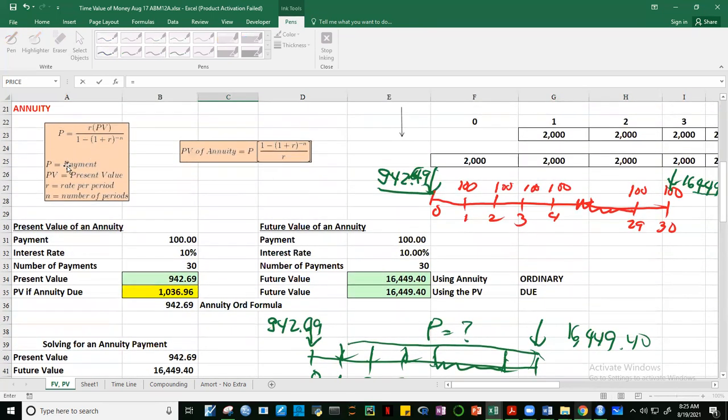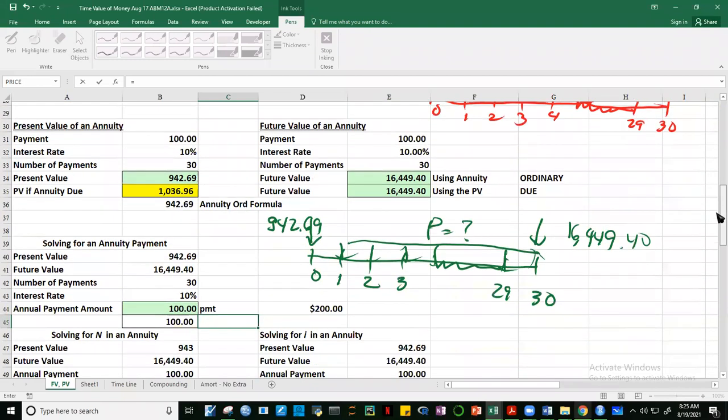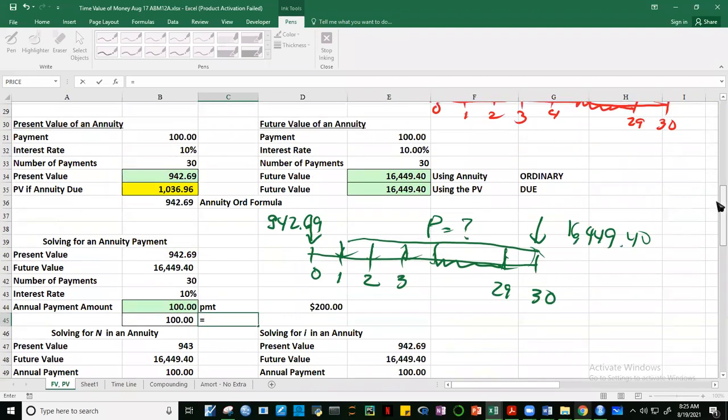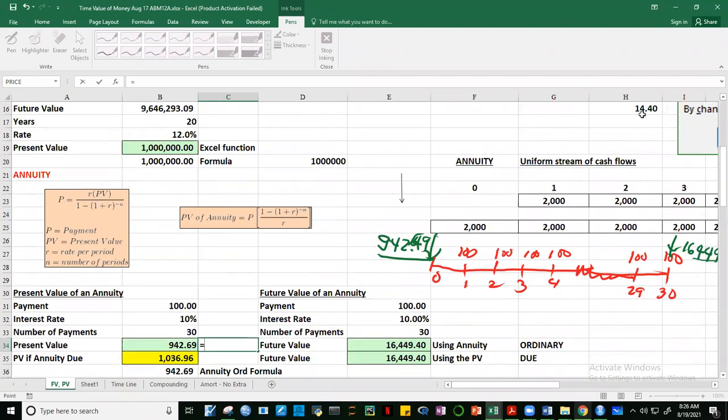Here we're computing for the PMT: R times PV, divided by 1 minus 1 plus R raised to the negative n. Is equal to, para kita natin yung formula. So this is equal to R. What's your R? Ito, di ba yung rate natin?